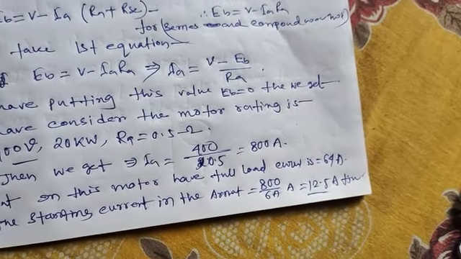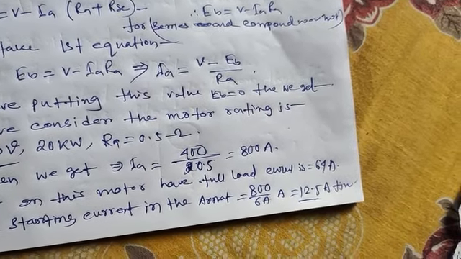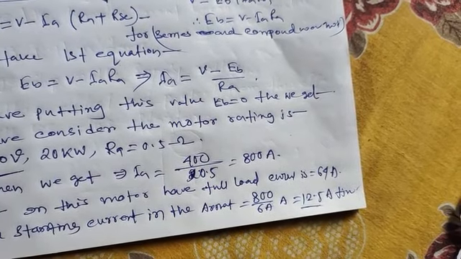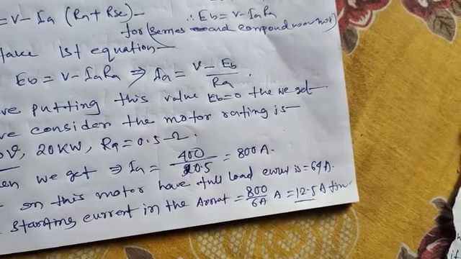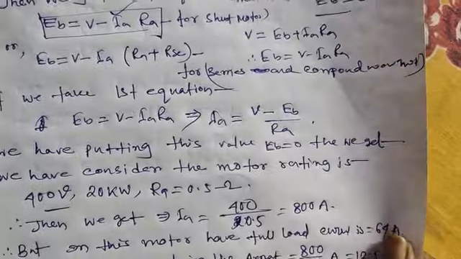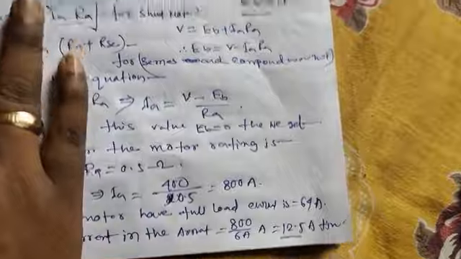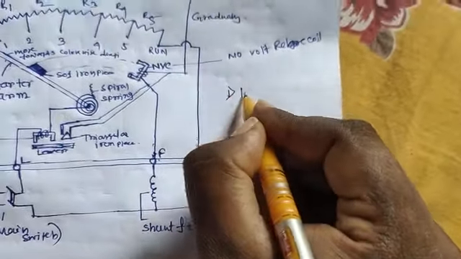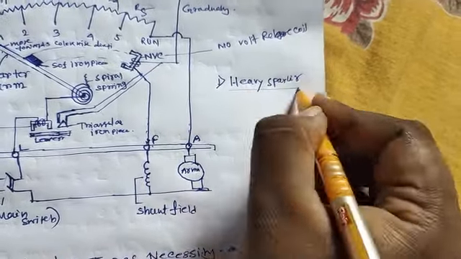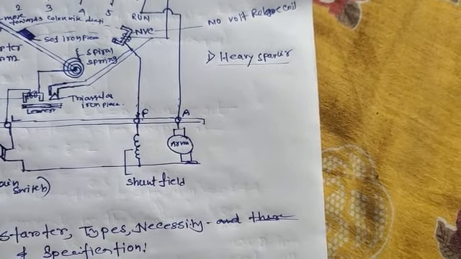Okay, heavy current means heating. The mechanical stress will also be high, many times more. With this high current, various effects show in this motor. The various effects are heavy sparking at the commutator, or maybe flashover, and it may burn out the motor.